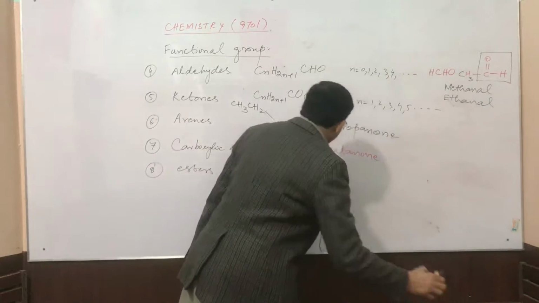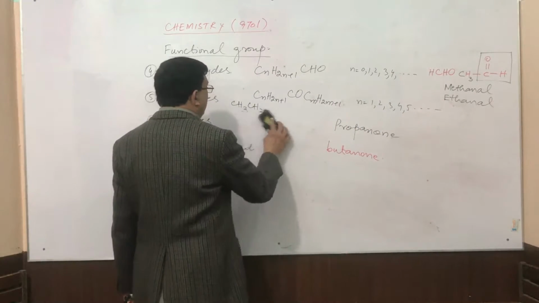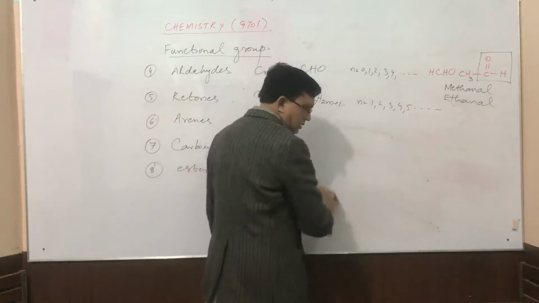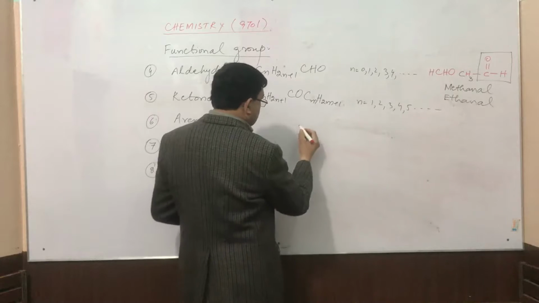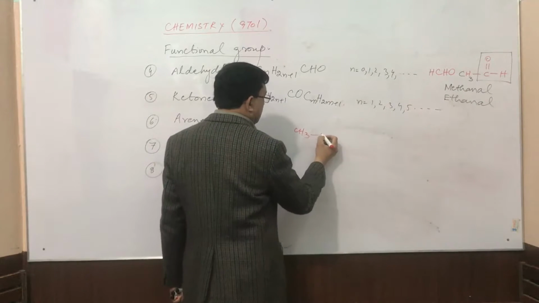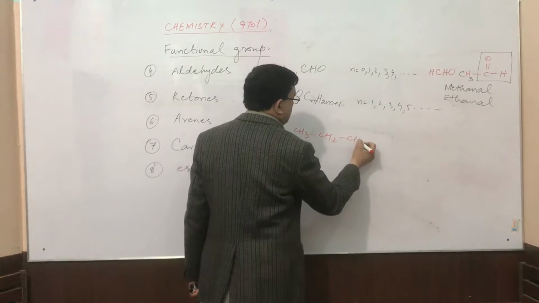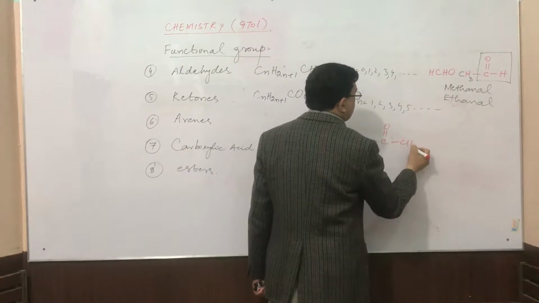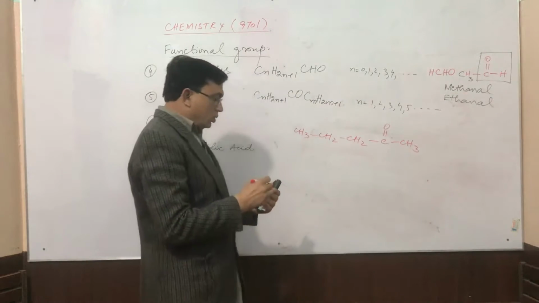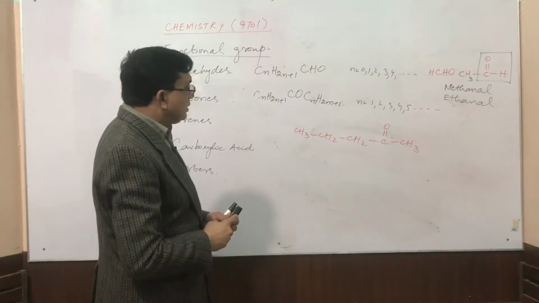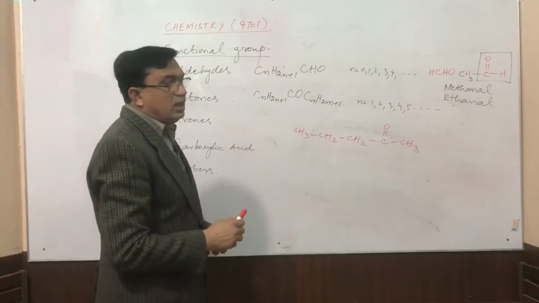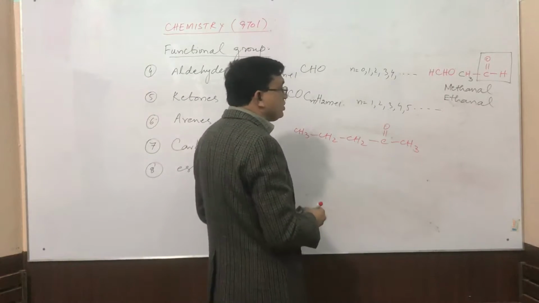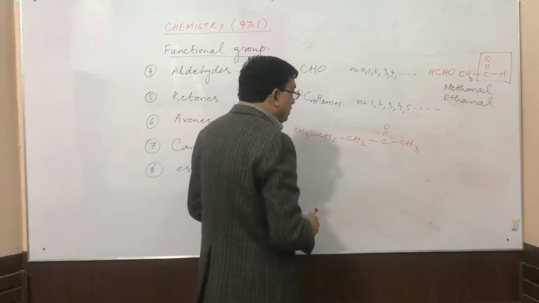But if we have the formula just like this, CH3, CH2, CH2 and then C double bond O and CH3, now what will be the answer? Here, the need to mention the position of the functional group is a necessity.